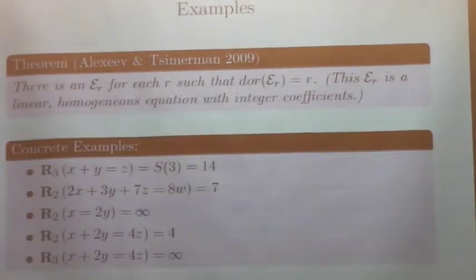Here are just a few examples. I'll let you stare at them for a moment before I say anything. So here the first example is the third Shor number, so 3 colors, x + y = z, and that's 14. The next one is just something I made up, and the number is 7.